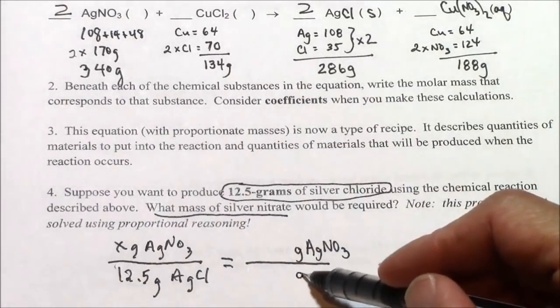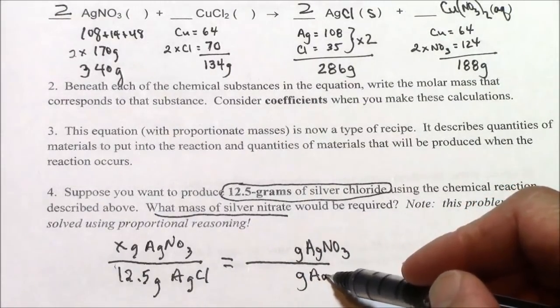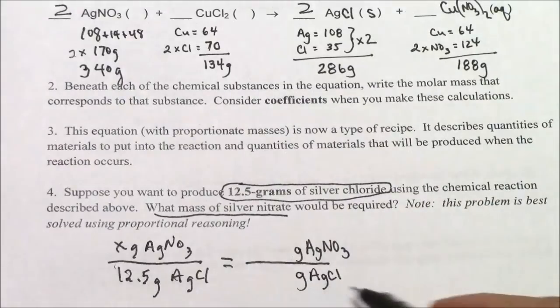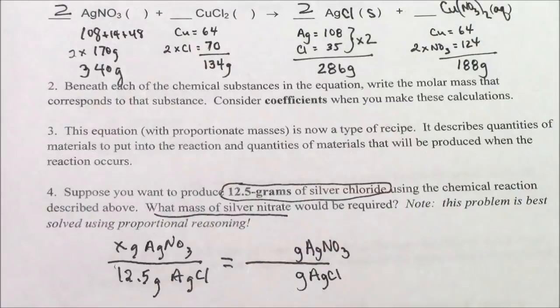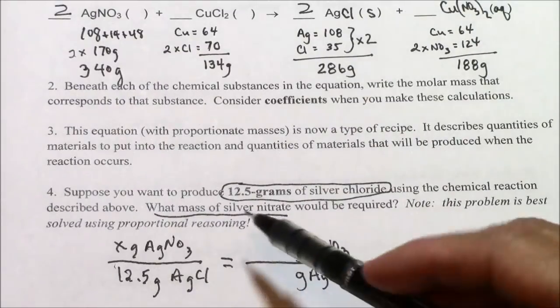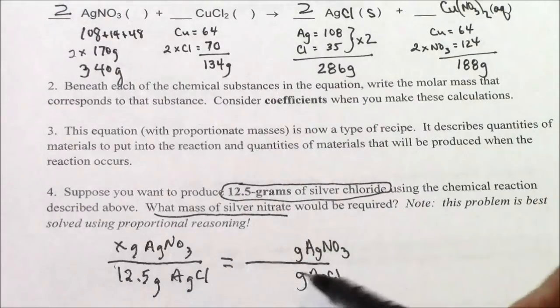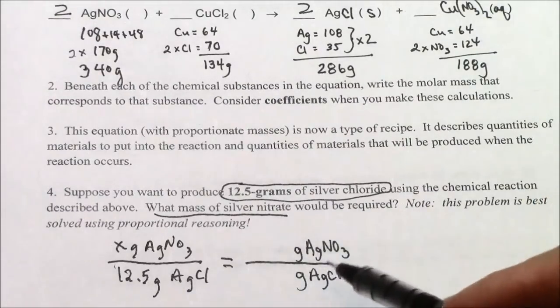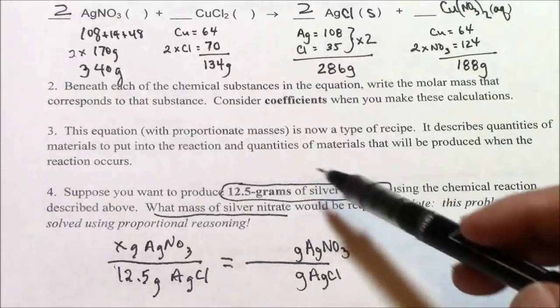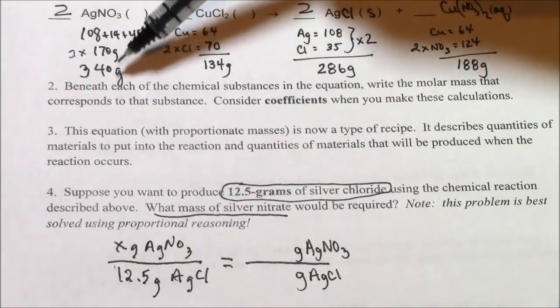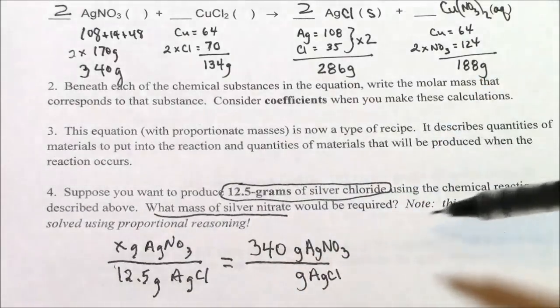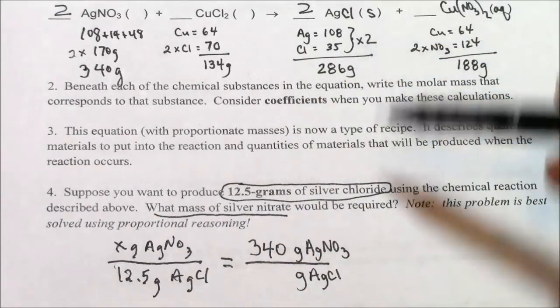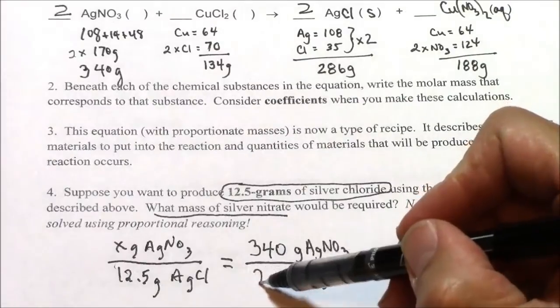This will have to be grams of silver chloride so that both the top and the bottom correspond to what's on the other side of the proportion. Your proportion may look different, you might have lined it up differently, but it has to have the numbers that I'm about to put in. The truth: 340 grams of silver nitrate corresponds to 286 grams of silver chloride.